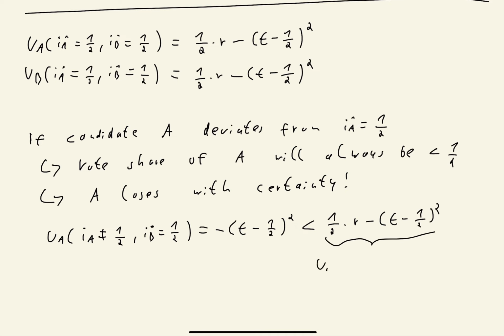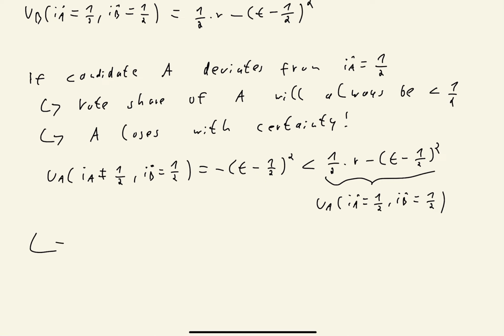And this was the exact utility of candidate A if he would stick to the proposed equilibrium of choosing an ideology equal to 1/2, given that candidate B is behaving in that way.